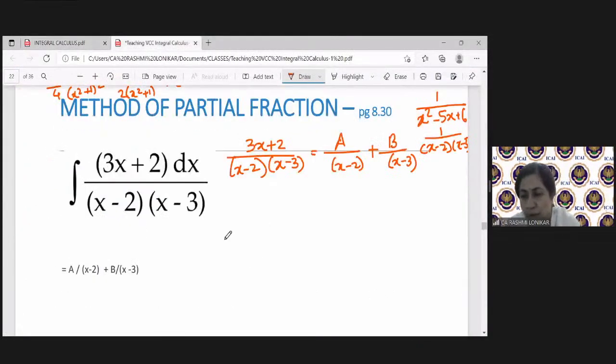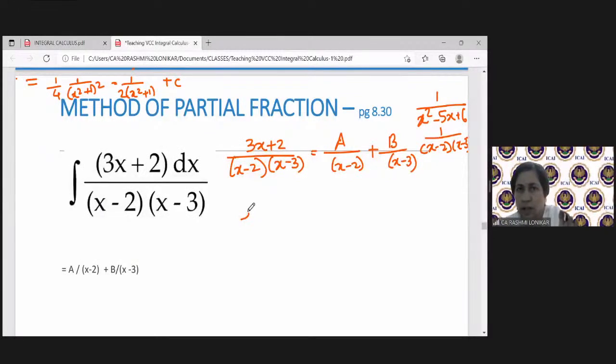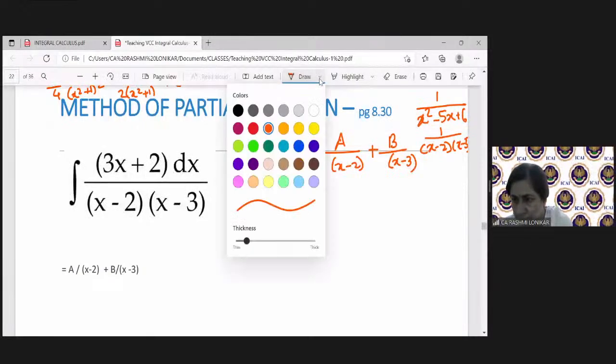Now I cross multiply. Understand this, I'm doing it very slowly. First step, identify whether or not I have to use the partial fraction method. And when I have to use it, how do I write it? So I write A upon (x - 2) plus B upon (x - 3). This is the important step.